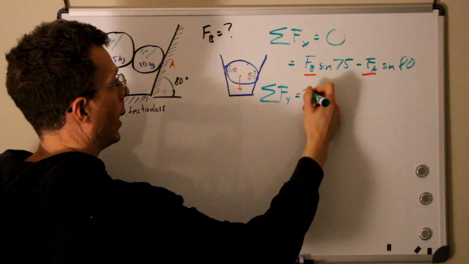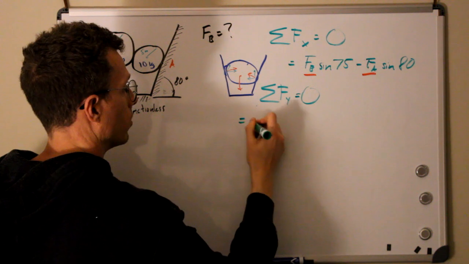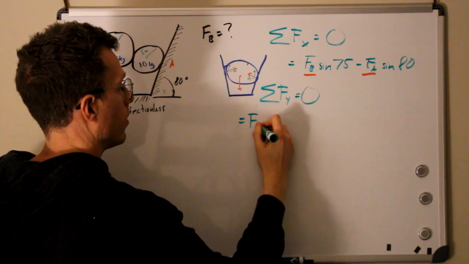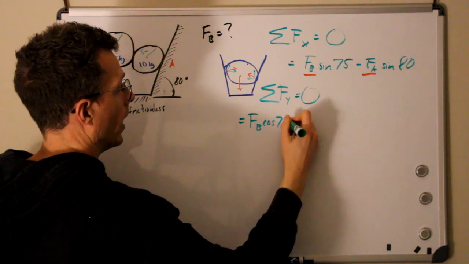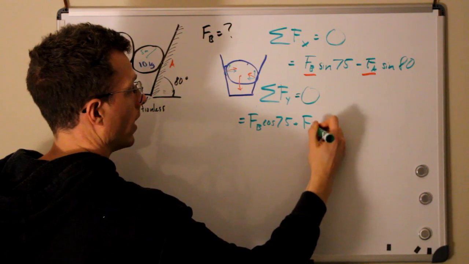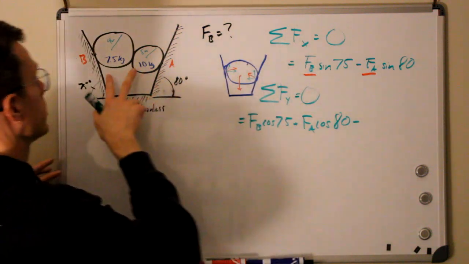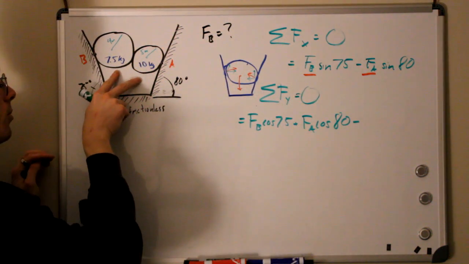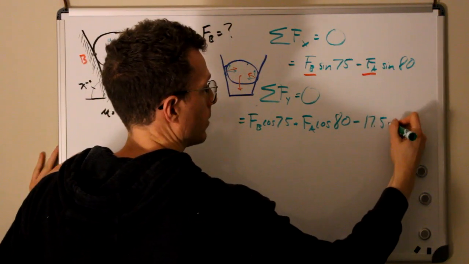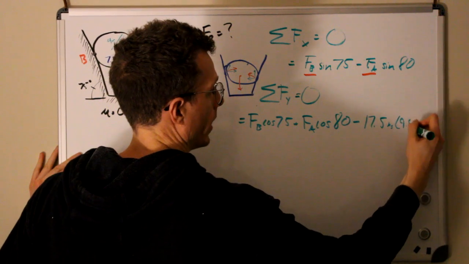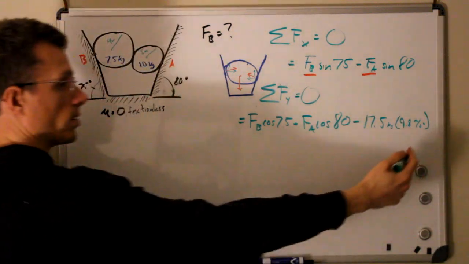And then for the Y equals zero, this is going to equal, I'm going to put this down here, F, we're going to say positive, so FB cos 75 plus FA cos 80 minus the summation of these two, so we'll say 17.5 kilograms times 9.8 meters per second squared, since that's the gravitational constant and we're doing force here.